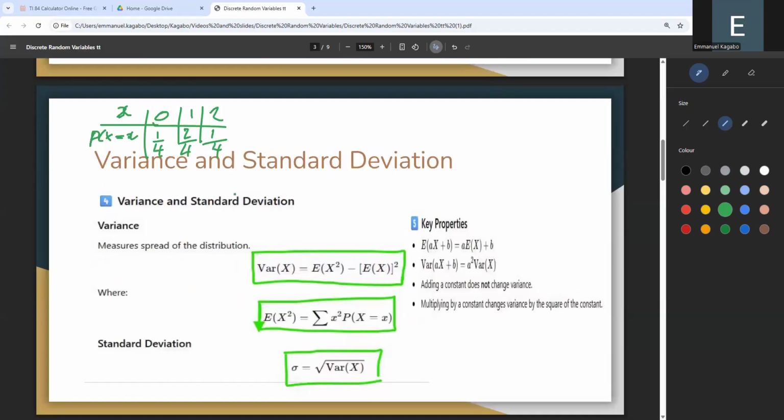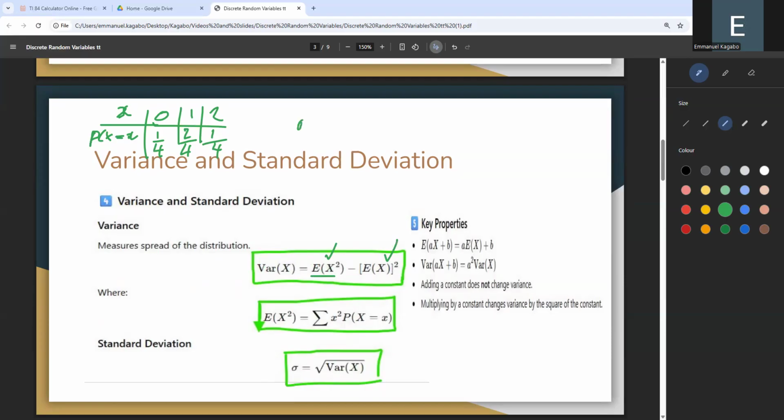Now, how do I get this? I already showed you this formula to get the variance. I hope you know what a variance and the standard deviation are; you did that in the first part of statistics. Okay, good. Now, how do we get that? As you can see, it's x squared.